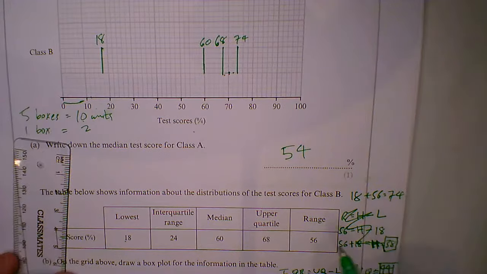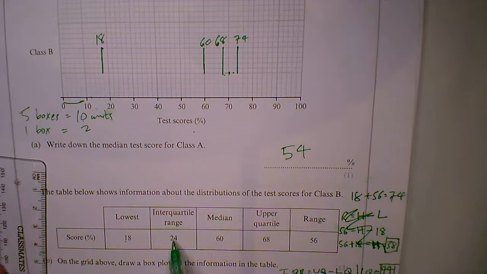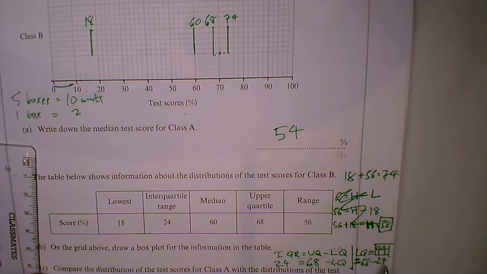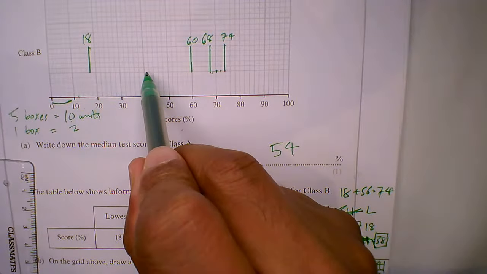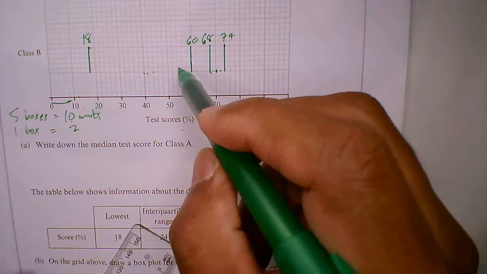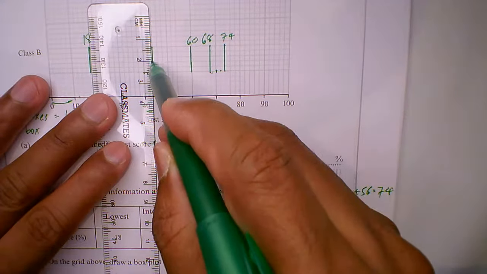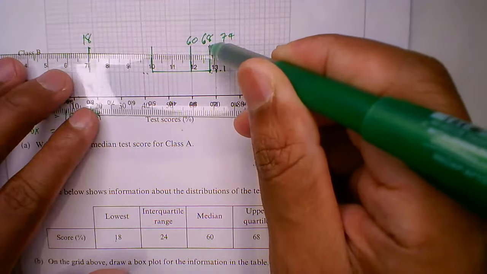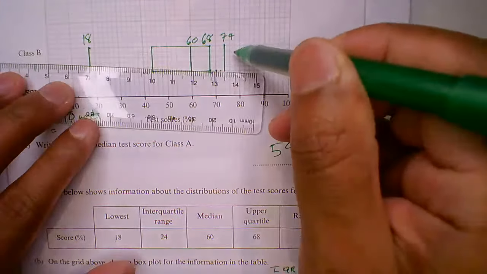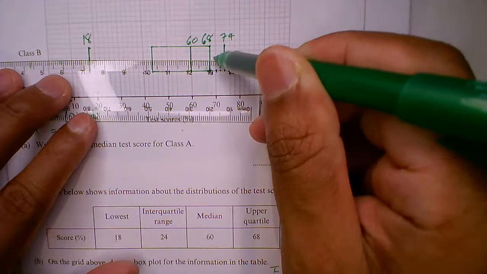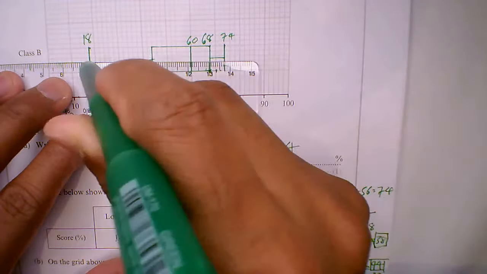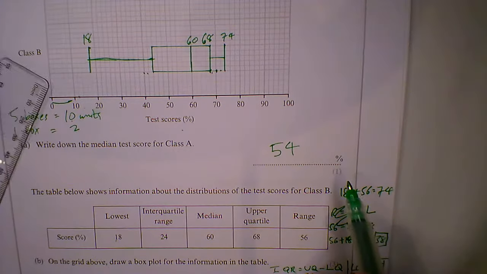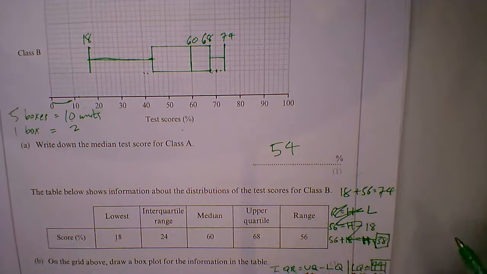And my lower quartile should be upper quartile take away my IQR, which is 68 take away 24, which gives me 44. So that calculation was correct. So 40, 42, 44. And now I just combine them. And so that is my final answer. Okay, so now I've got that.